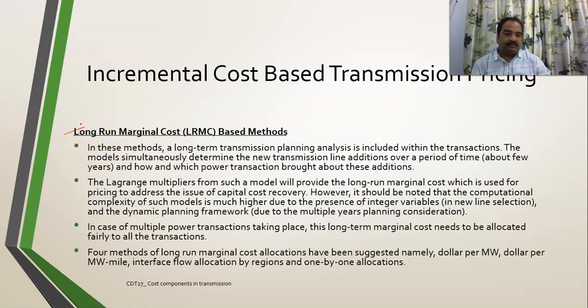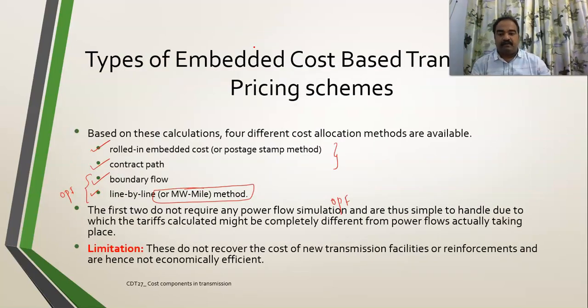I'll give a glimpse about these two, short-run and long-run marginal cost methods, in the class directly. But do remember that one of the widely used methods so far is the megawatt mile method, which we generally call the line-by-line method. This is one of the pricing schemes which we employ for transmission prices.